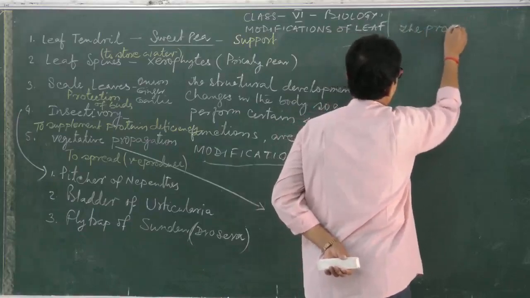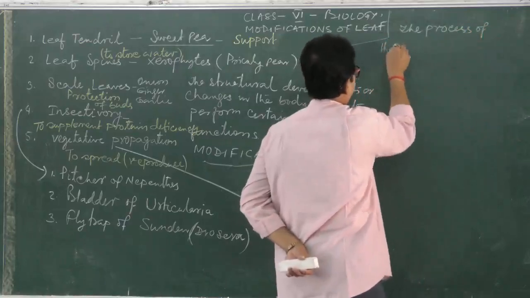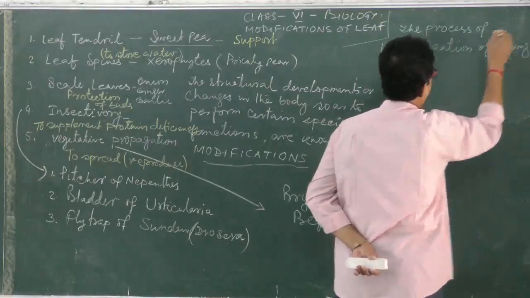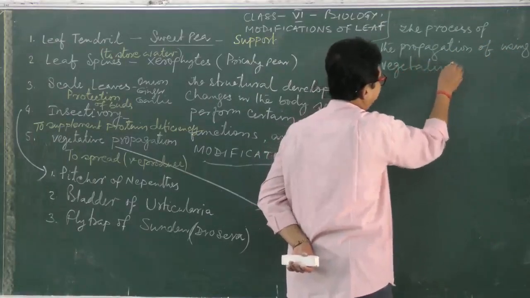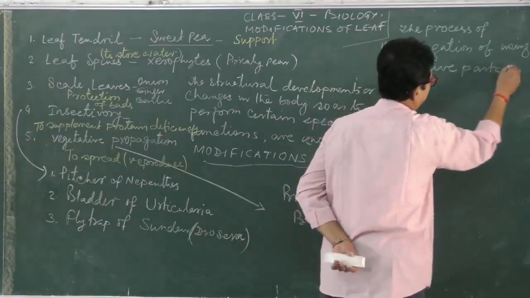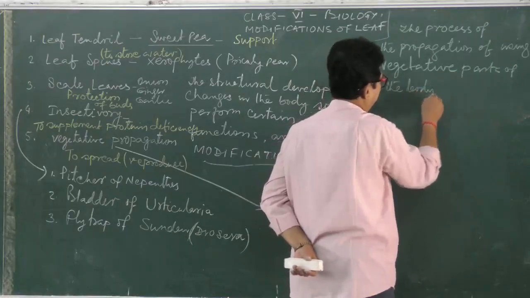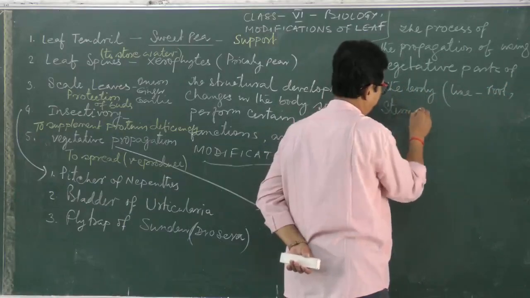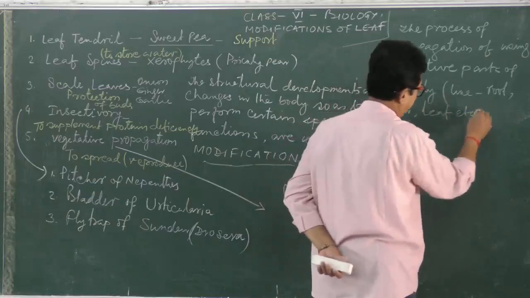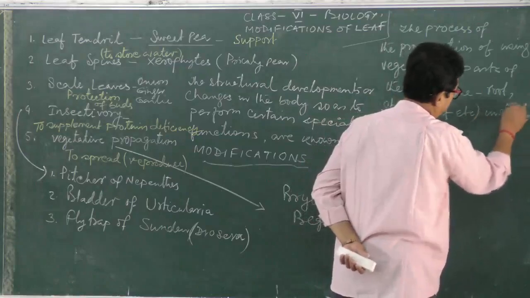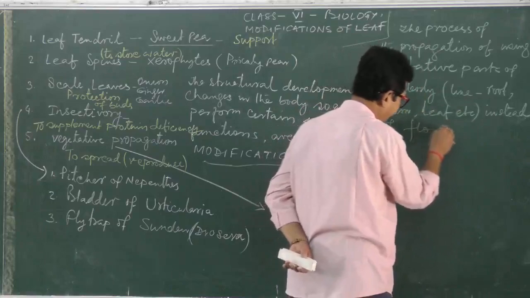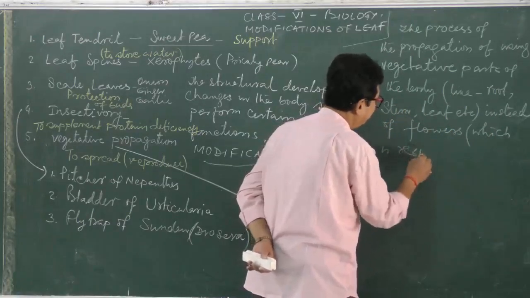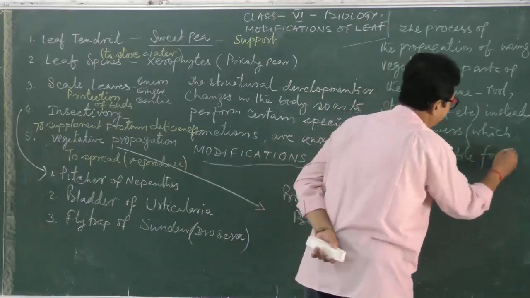The process of propagation of life using vegetative parts of the body like root, stem, leaf, etc., instead of flowers, which are responsible for sexual reproduction.